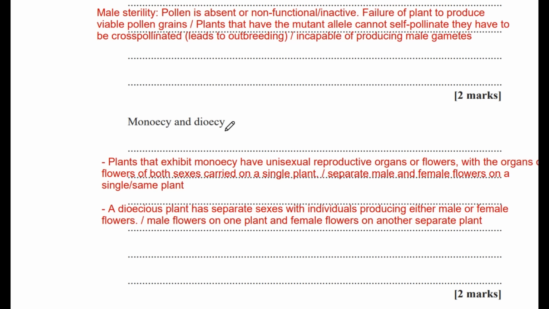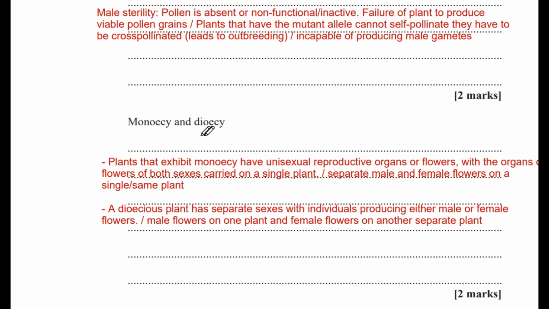So a plant that exhibits monoecy is one that has both sexes. So they could have both the male and the female organs on them, or they could have male and female flowers, but on the same plant, right? You have boys and girls in the same house, right? Monoecy means one house. So plants that exhibit monoecy have unisexual reproductive organs or flowers, and I say they have both sexes on the same plant.